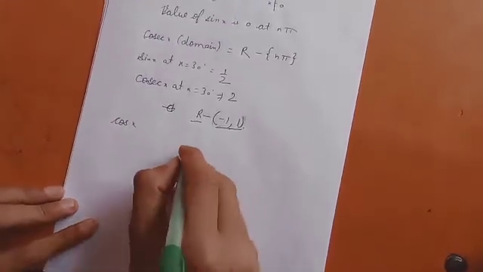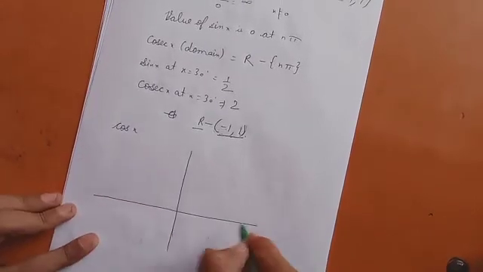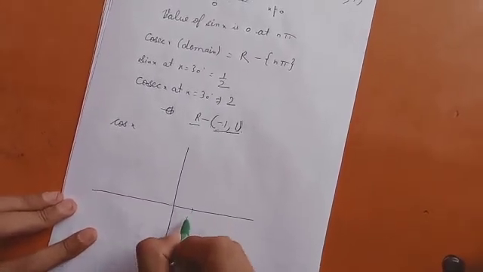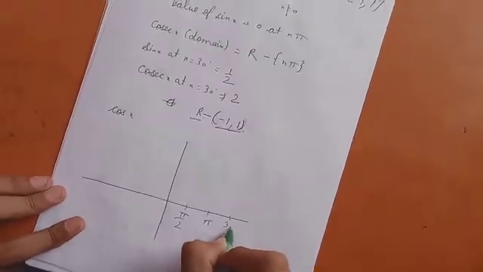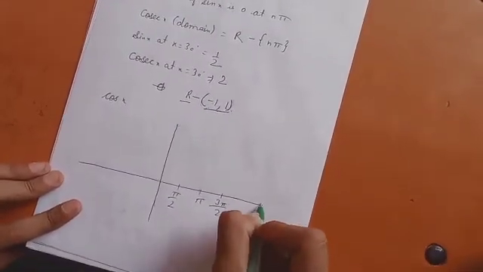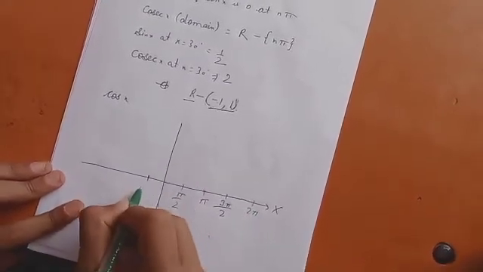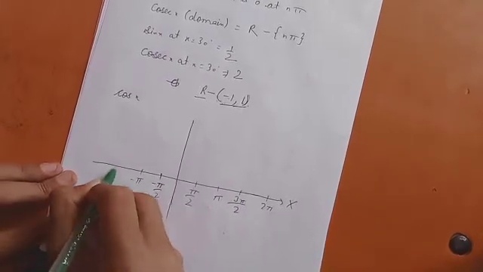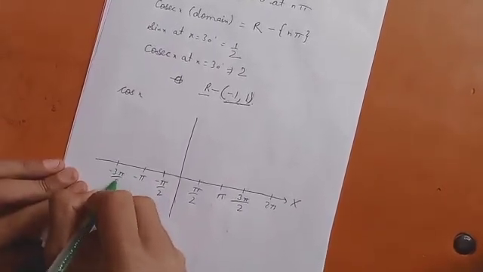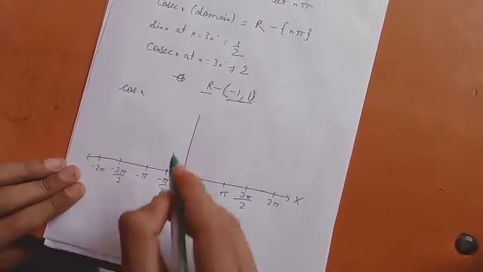Okay, again we will draw its graph. Here are our angles, say pi by 2, pi, 3 pi by 2, and so on, say 2 pi. Again these are negative angles, minus pi by 2, minus pi, minus 3 pi by 2, minus 2 pi, and so on.